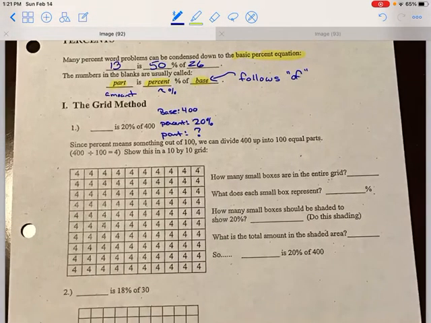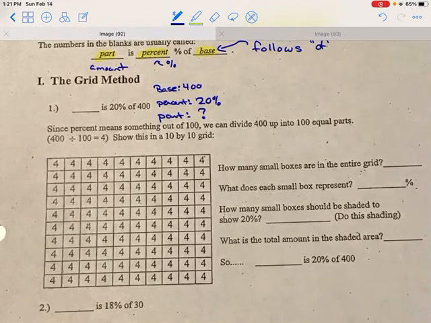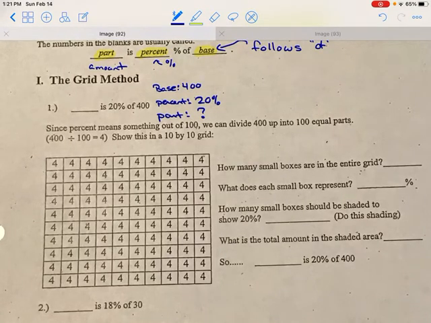All right, so we're going to use what's called the grid method. This is a great method for starting out because remember that a percent means something out of 100. Okay, so that's sort of the basic principle of what a percent is. So what we do is we take our base and we divide it into 100 parts and we use grid paper. So here we have a square, and what we can see is that that 400 has been broken up into 100 equal parts.